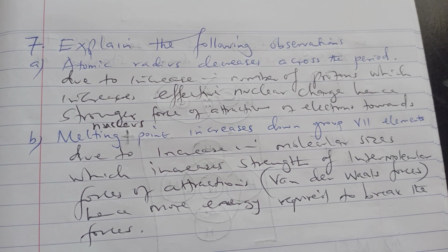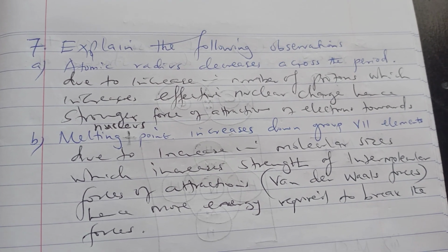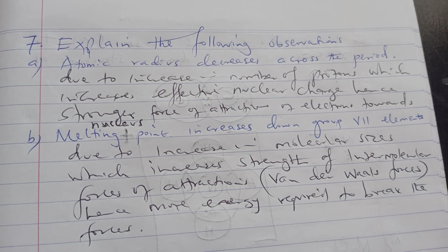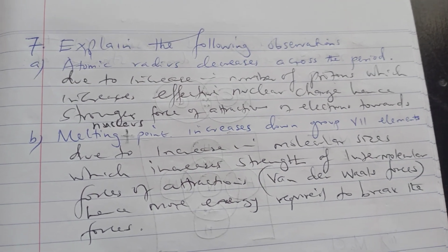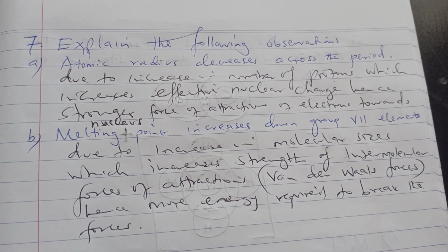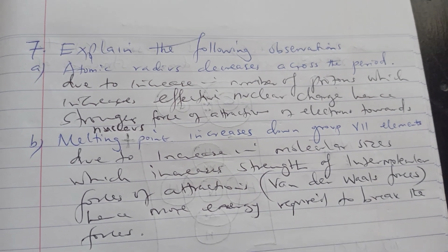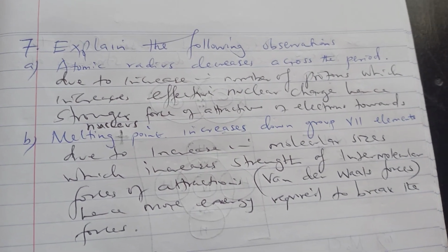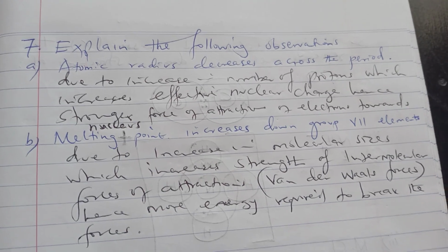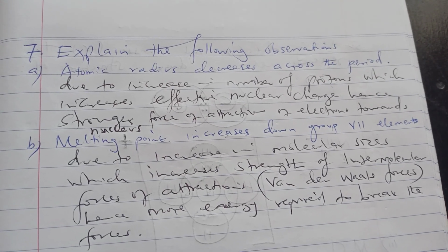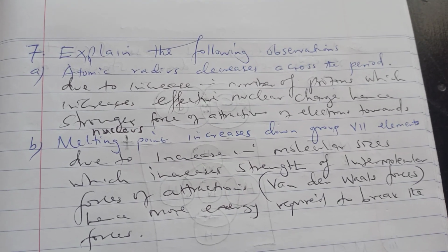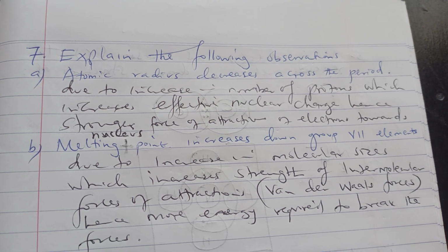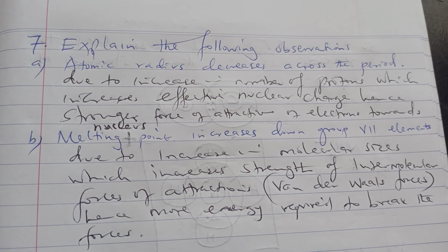So because the molecular sizes are increasing, it means then the strength of van der Waals forces increases. When the strength of van der Waals forces increases, it means you are requiring more heat energy to break the forces of attraction. That is why you'll find that the melting point increases down group 7 elements.